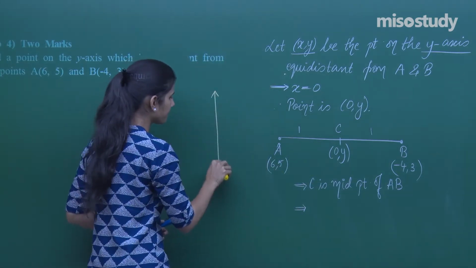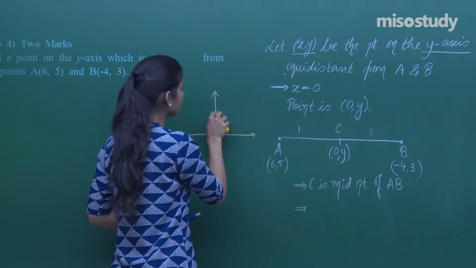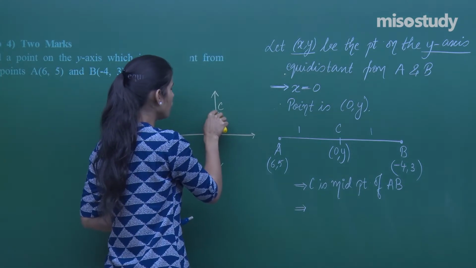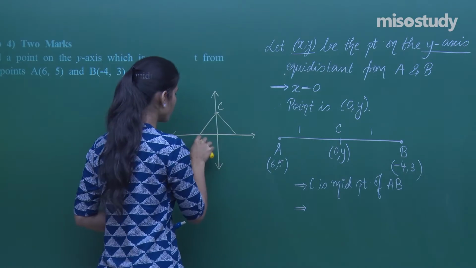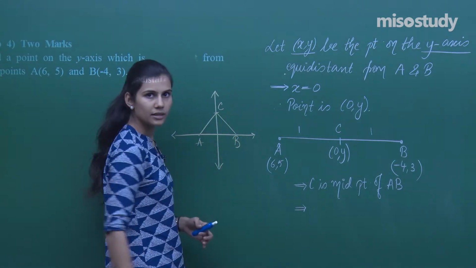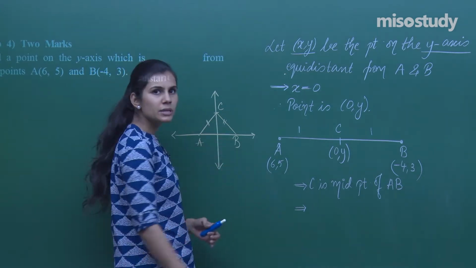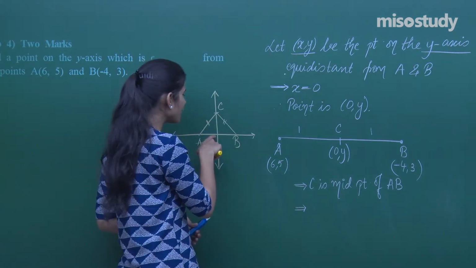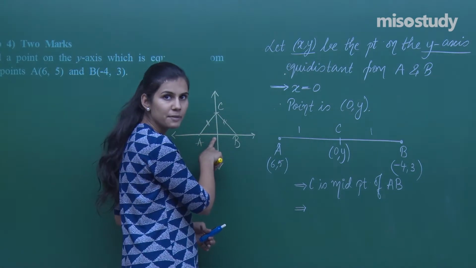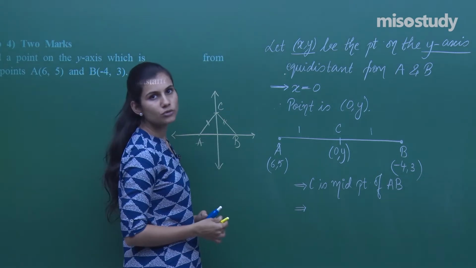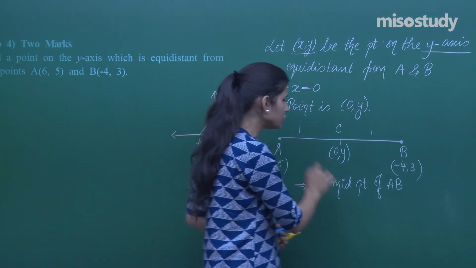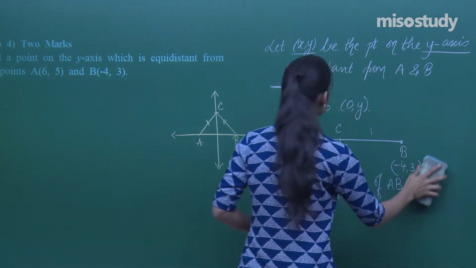Because it can happen that this is some point C which is equidistant from these 2 points, say A and B, for example. So if it is equidistant, it doesn't mean I can use the midpoint formula, because C is not lying on the line segment AB first of all. So how can I even talk about using the section formula? So we don't use the section formula over here.